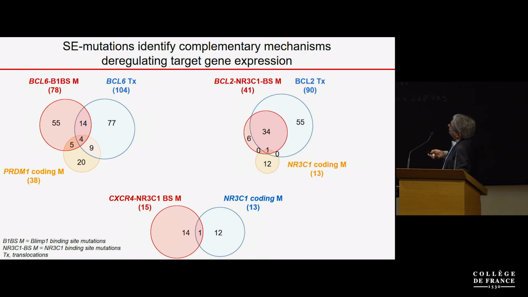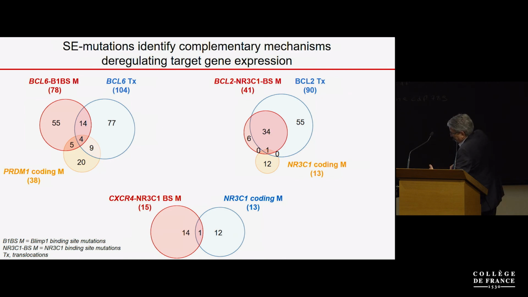Different scenario for BCL2: we see mutation of the super-enhancer virtually always in cases that have BCL2 translocation. So that may be complementing the deregulating effect of the translocation, where again there is mutual exclusivity of direct mutation of a repressor and mutation of the binding site over here.